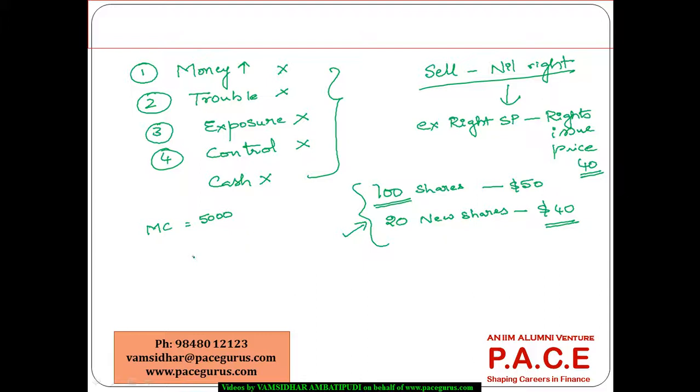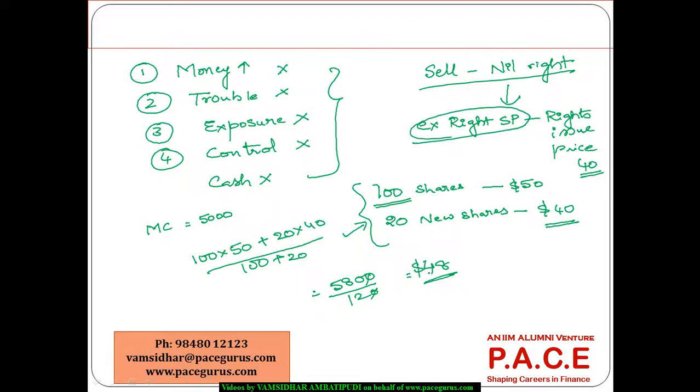I'm taking it as a weighted average: 100 shares into $50 per share plus 20 new shares into $40 per share, divided by 100 plus 20. So overall it is around 5,800 divided by 120, which comes to around $48 per share. Now $48 per share is the ex-rights share price.